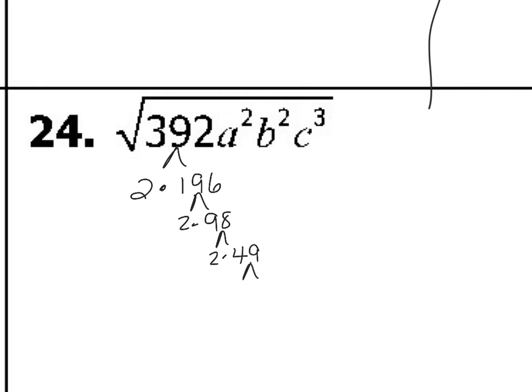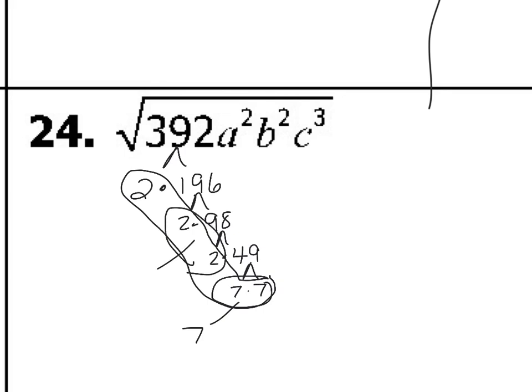And we know that's a perfect square, 7 times 7. So there's all our prime factorization. Make sure you get all your prime numbers. A pair of 7's come out, and a pair of 2's come out, and this little lonely 2 stayed home.